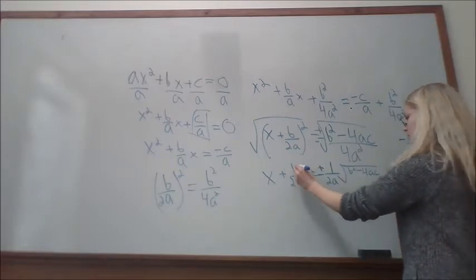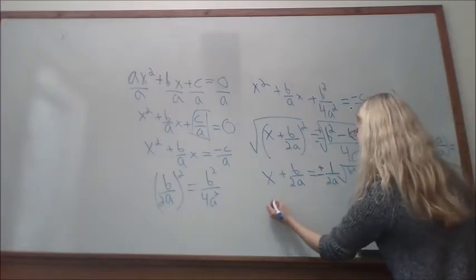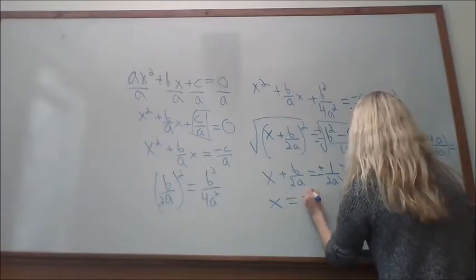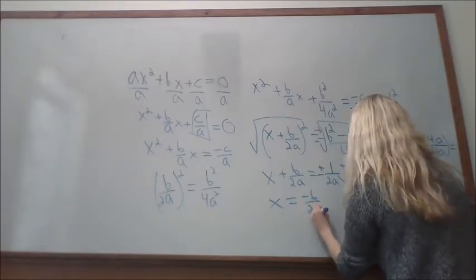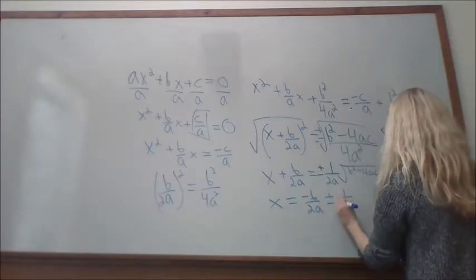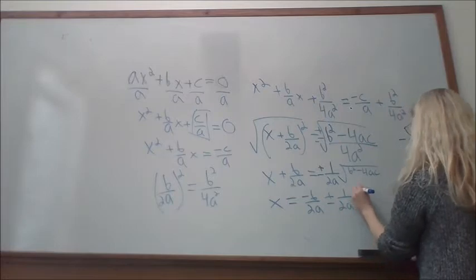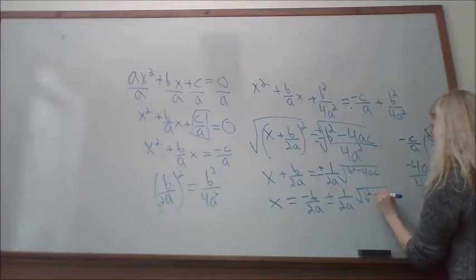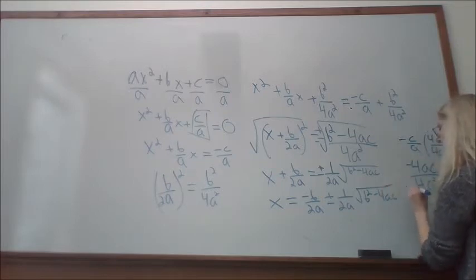So now we can subtract this term over and get x equals negative b over 2a plus or minus 1 over 2a times the square root of b squared minus 4ac.